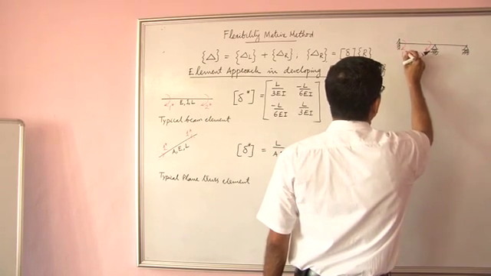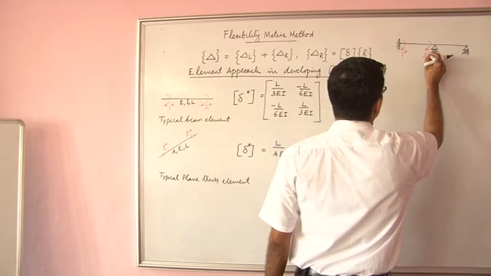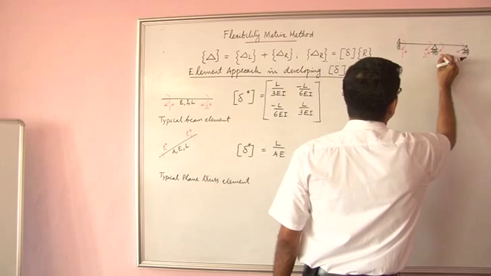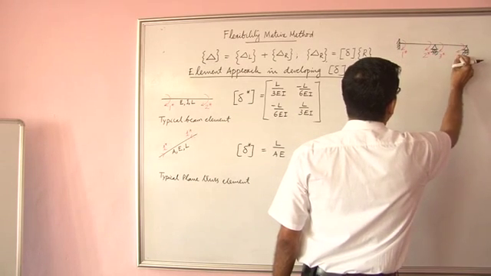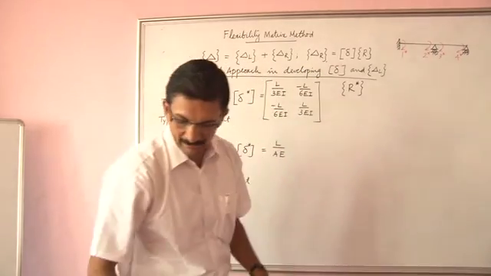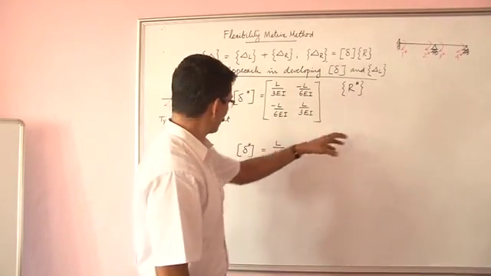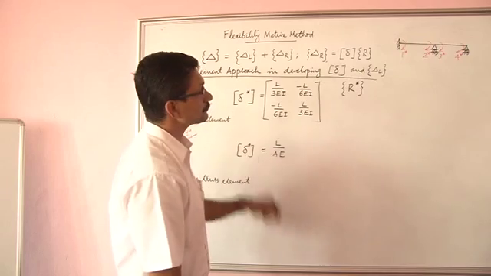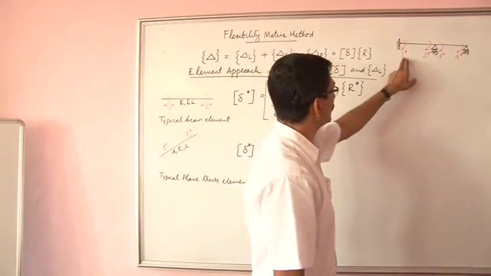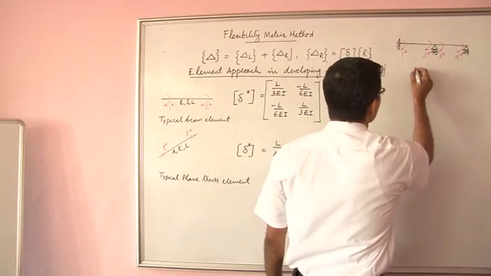Let us define them by 1 star and 2 star. These two are the element coordinates for the second element, say 3 star and 4 star. Likewise, we can define the element coordinates for a truss structure also. So R star contains the forces corresponding to these element coordinates.